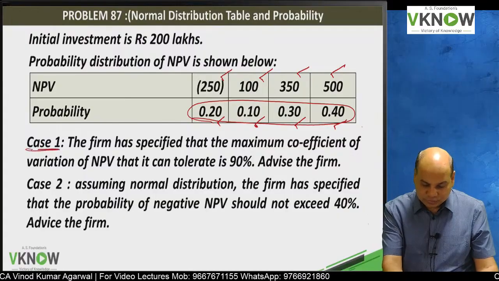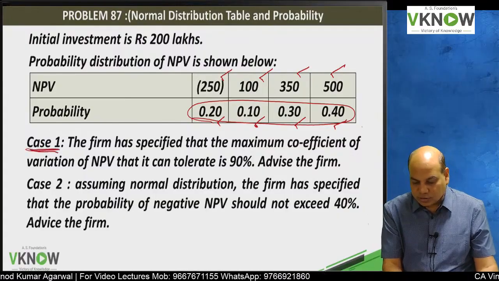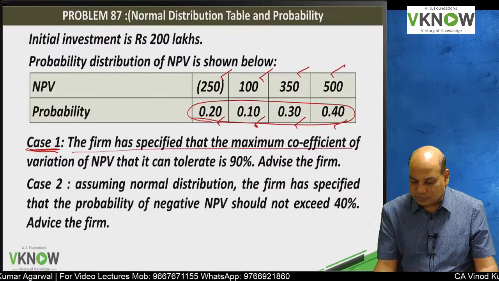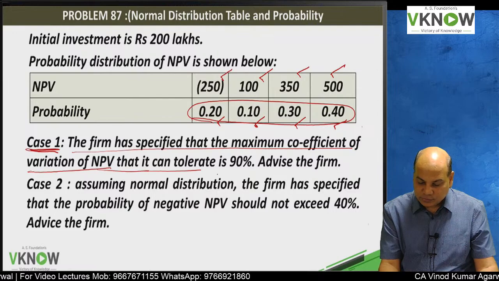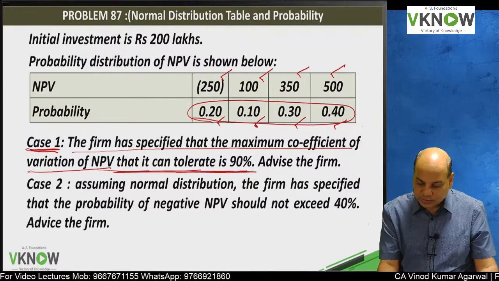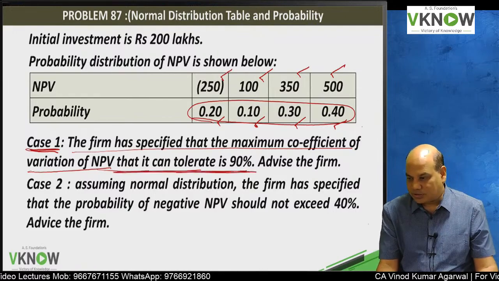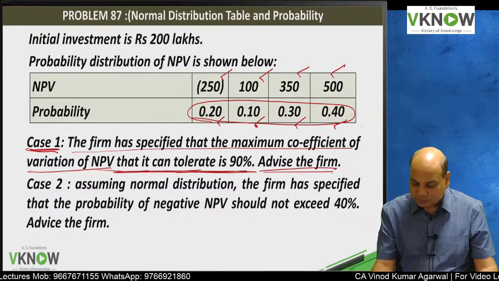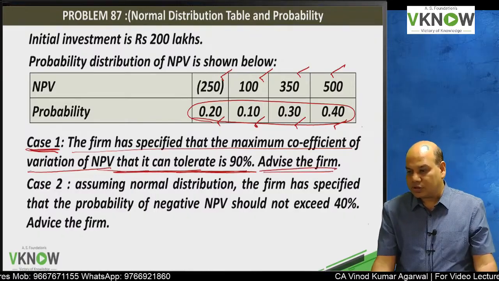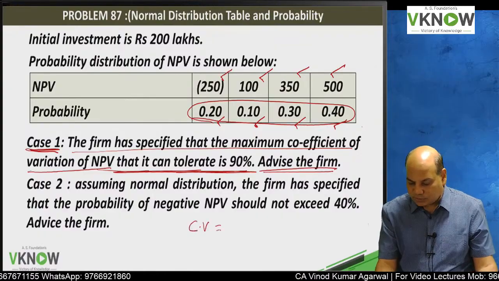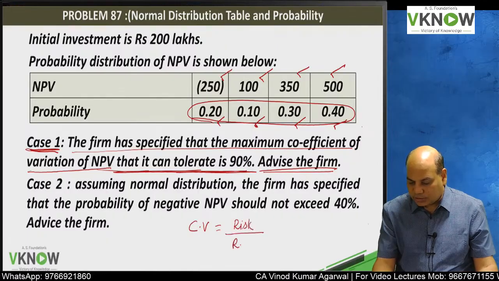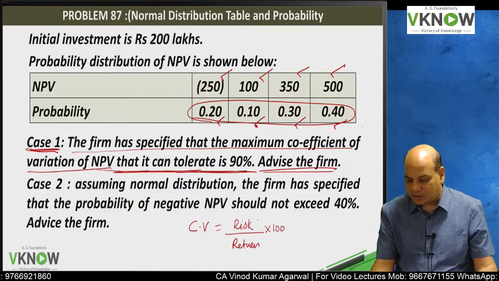Case 1: the firm has specified that the maximum coefficient of variation of NPV that it can tolerate is 90%. Advise the firm. First, you have to find the coefficient of variation, risk per unit of return, and if it is a percentage, multiply by 100.